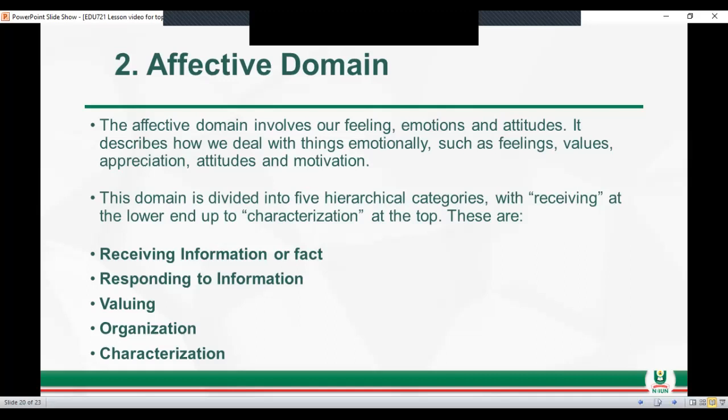This is the process of organizing values into priorities in order to compare them and decide on the most appropriate ones. And the last, the highest order, is characterization. At this level you are internalizing the values you have learned. So that is that about the affective domain.